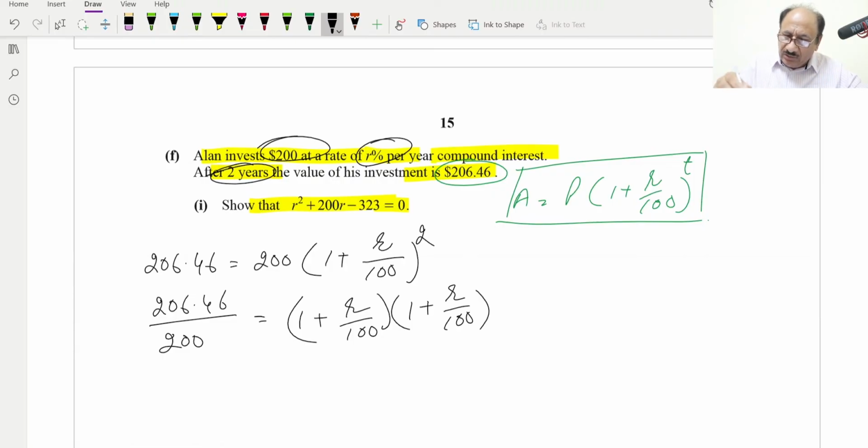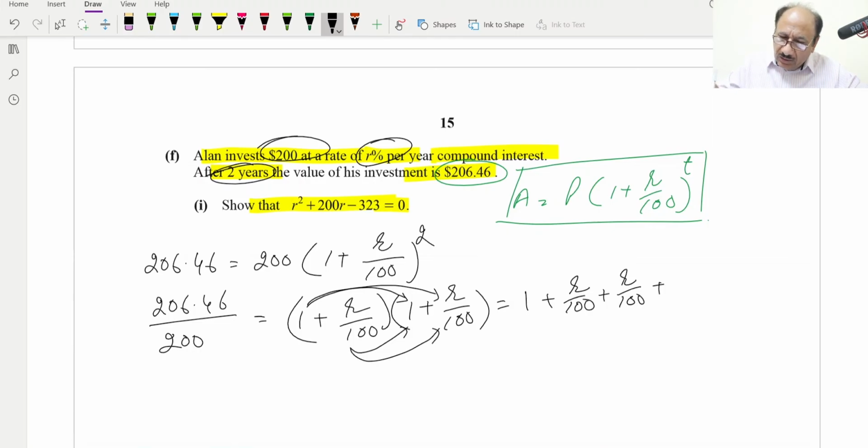Instead of square we are writing like this, and we can multiply 1 multiply by 1, this multiply by this will be 1, then 1 multiply by r over 100 plus r over 100, then this multiply by this will be again r over 100, and this multiply by this will be plus r squared over 100 squared. So we can write it as this one.